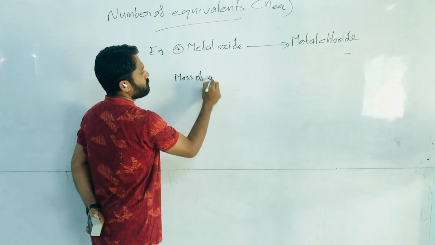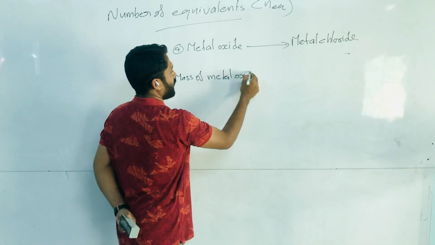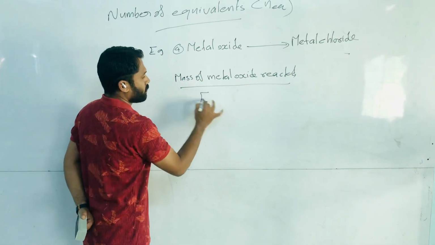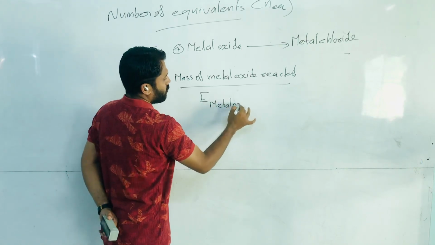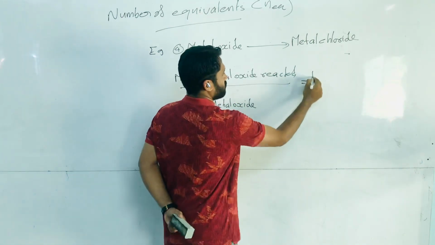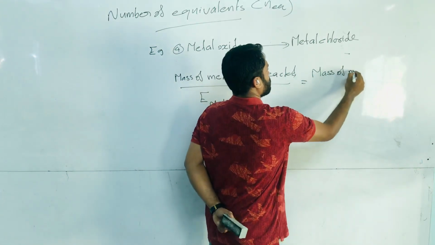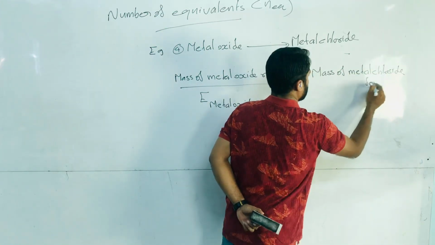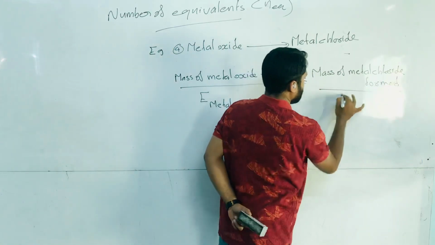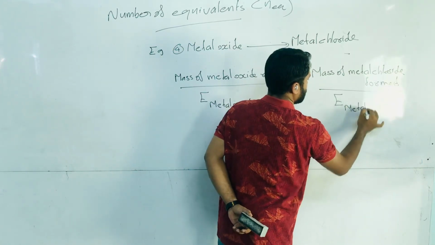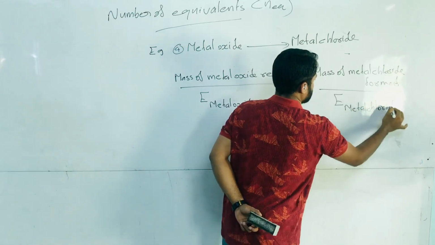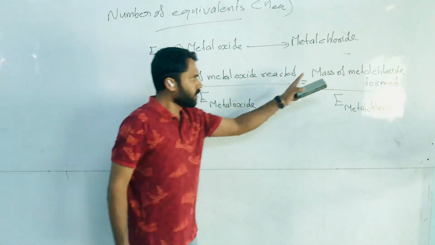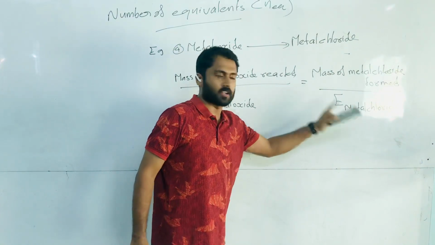Mass of metal oxide reacted by equivalent mass of metal oxide is equal to mass of metal chloride formed, because it is the product, by equivalent mass of metal chloride.